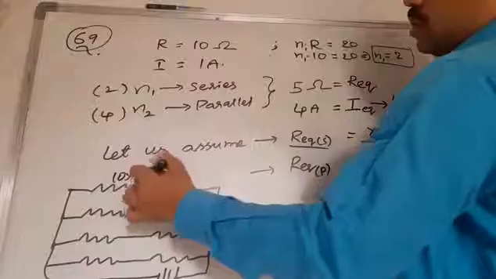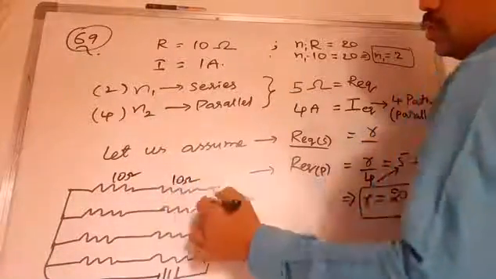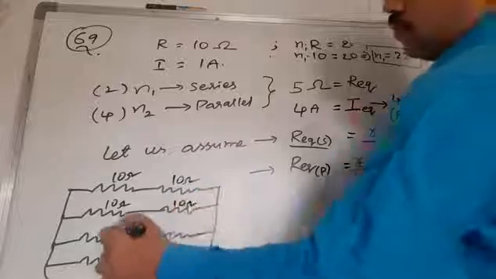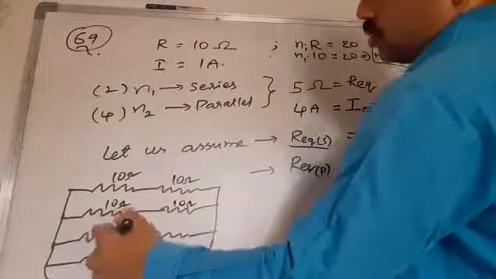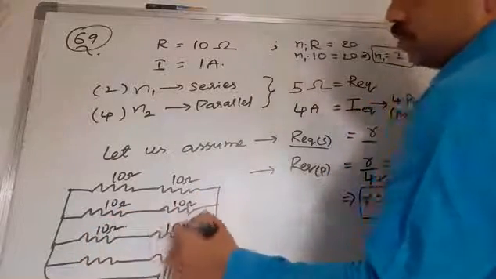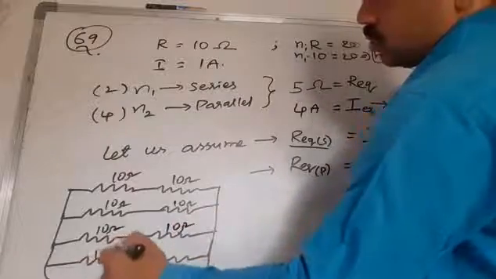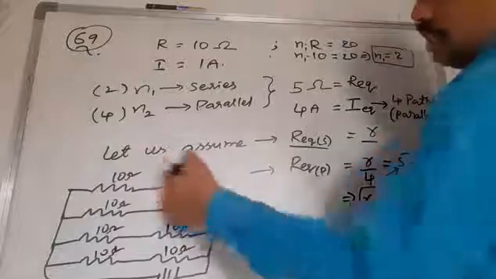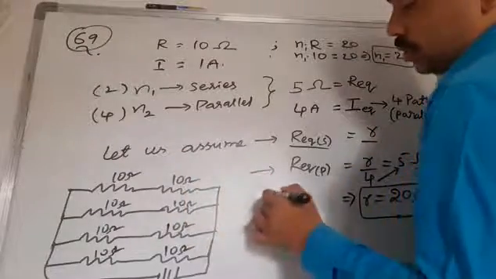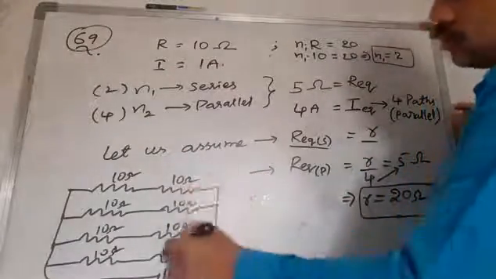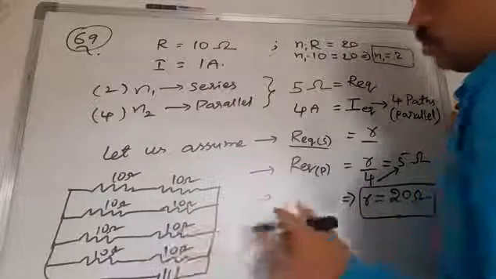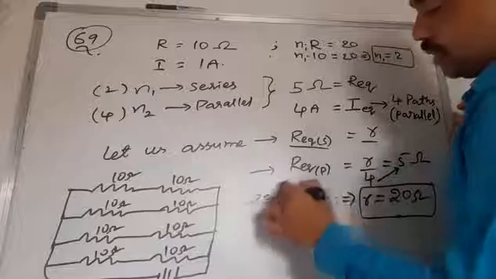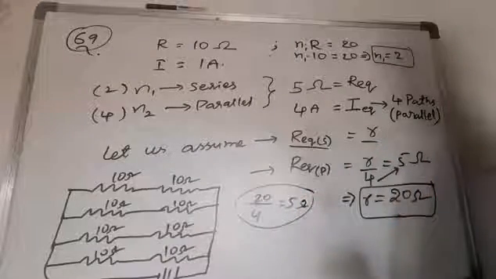Each is 10 ohms. So overall, in series it is total 20 ohms, and in parallel, 20 by 4. So if you calculate the equivalent resistance, what will you get? 5 ohms, like this.